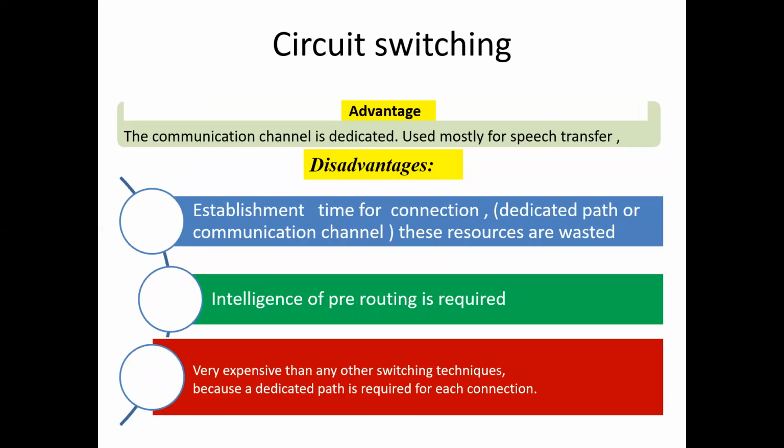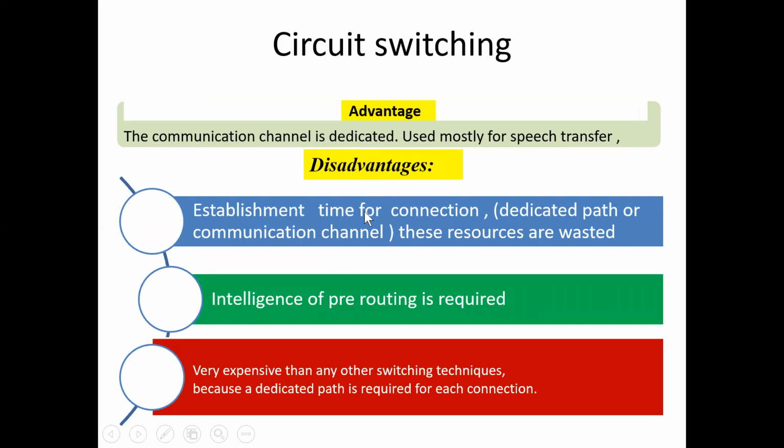What are the advantages of circuit switching? Circuit switching has the advantage that the communication channel is whole and solely given between the TX and RX. So it is a dedicated channel, and whatever speech transfer is done is done with this dedicated path. This is the advantage of circuit switching.